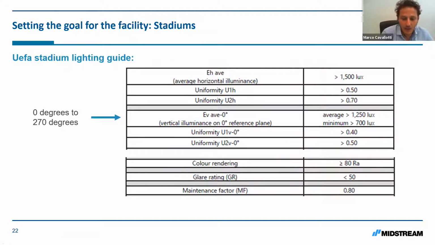And we have the requirement for 2 different uniformities. U1 is the minimum-to-maximum uniformity. This is a very important uniformity, because if you think of being a player in a very important match, you're running within the field and you cannot pass from an area with, I don't know, maybe 2,000 lux to another area with maybe 700 lux.